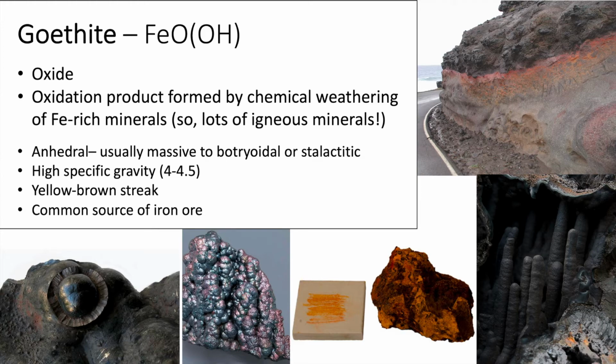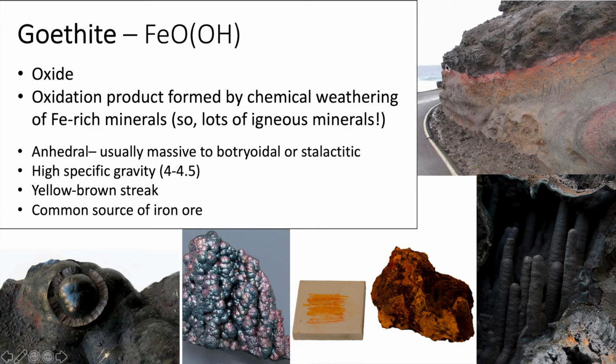So we know that oxygen has a -2 charge, and that OH group has a -1 charge, and so that means that this iron in goethite has to have a 3+ charge to balance it out. And so you see good examples of this on igneous rocks.